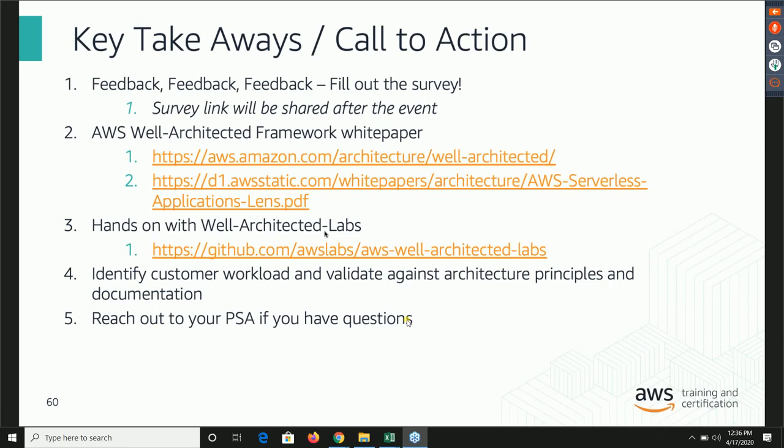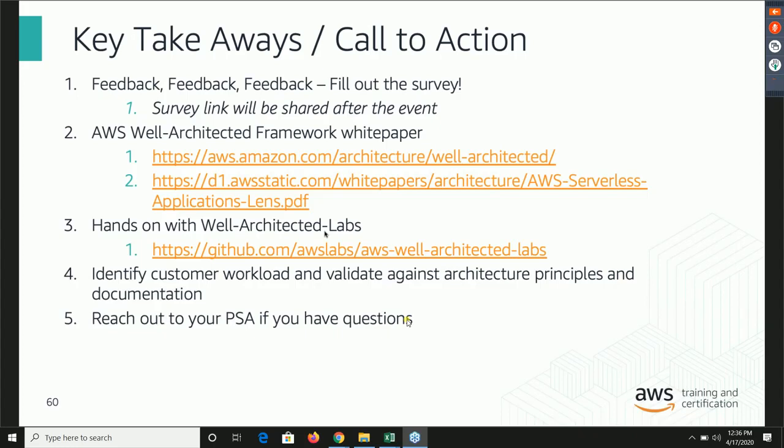And if you want to get hands-on with some of these pillars and principles, please go to GitHub, our well-architected labs repository. There are a ton of exercises as well as code that can help you get hands-on in terms of how to apply these principles.